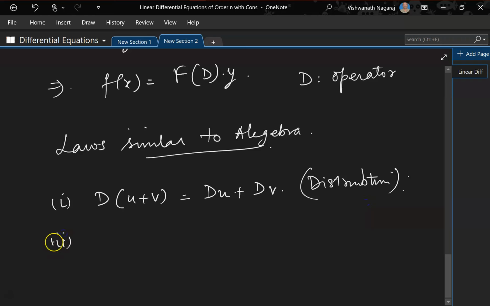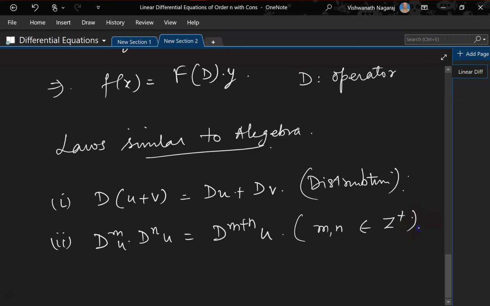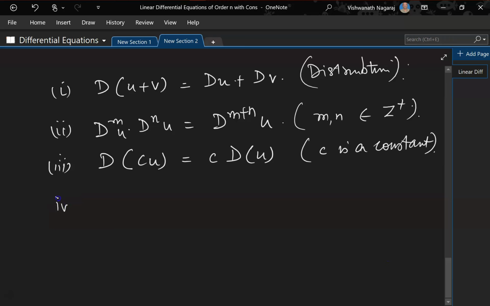Second one is D^m D^n u is equal to D^(m+n) u. Now here remember m and n belong to positive integers. The third law is D of cu is equal to c Du. That means here c is a constant.